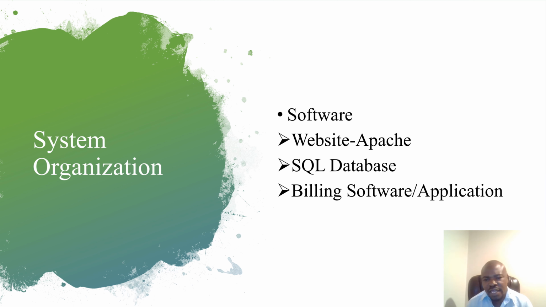And this SQL database will be able to store information on bikes, users, rides, and even billing. And lastly, we'll have a billing software or application which will be coded using Python, and this software will just help in making payments.